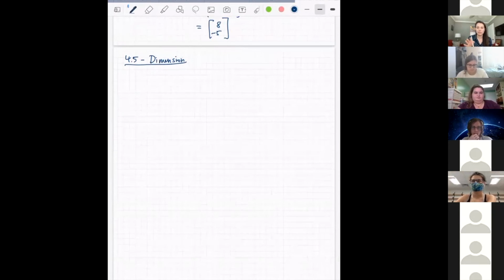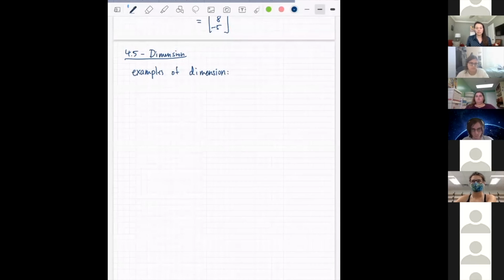If everybody's clear on that, we'll just move past that. So for dimension, examples of dimension of different vector spaces, we'll do a couple.